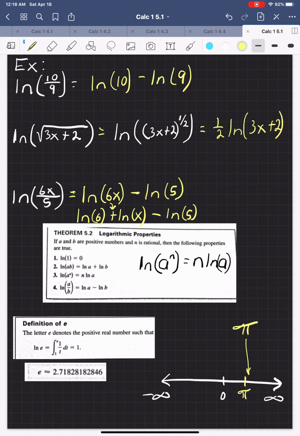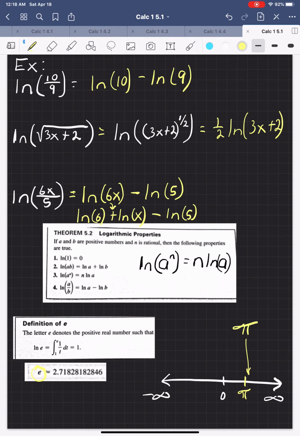Now, another extremely important number is the number e. Just as an approximation, e is 2.71828 and so forth, just like pi is 3.1415 and so forth.